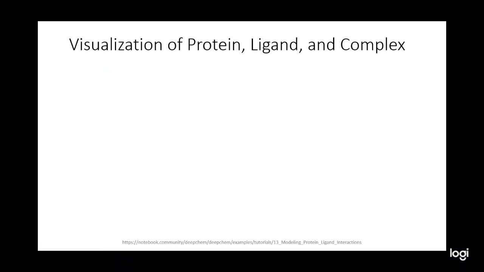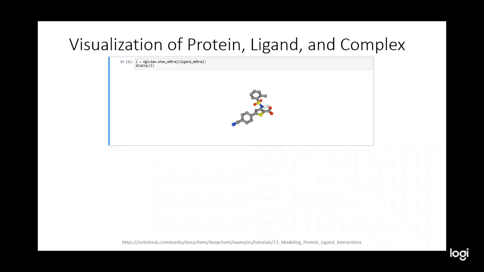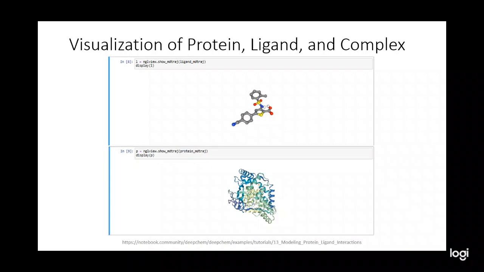Now we can visualize the three-dimensional structure of the ligand using the show_mdtraj function from the NGLView module. Similarly, using the same function, we can also generate a three-dimensional view of the complex protein structure.